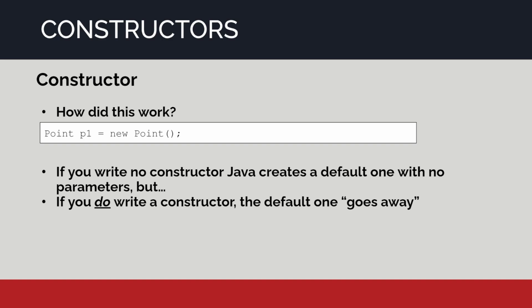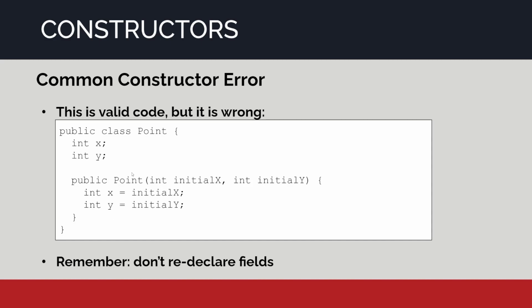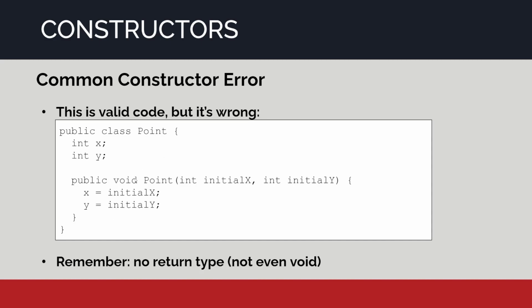And the answer is that if you don't create a constructor for your class, then Java will put in a default one that accepts 0 parameters. If you invoke it, it'll just create a new object where all of your fields have the default values. But if you do create a constructor, then the default one goes away. So on my previous slide, this is the good one.